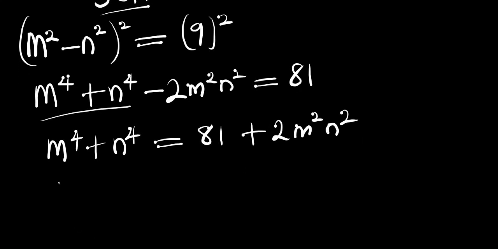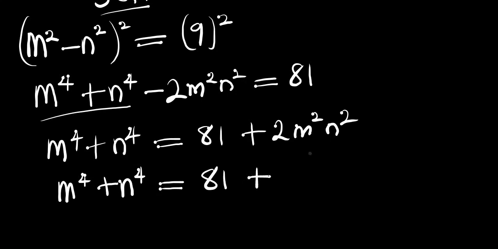We can make this the subject, and we have m power 4 plus n power 4 equals 81 plus 2 m squared n squared. We can factor it as 2 into (m times n) all power 2.